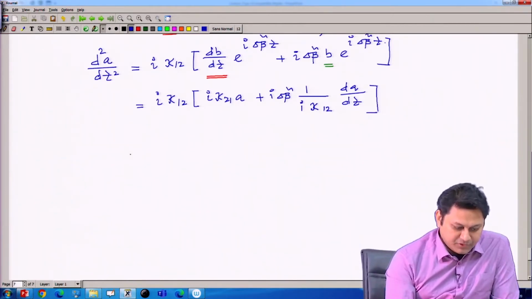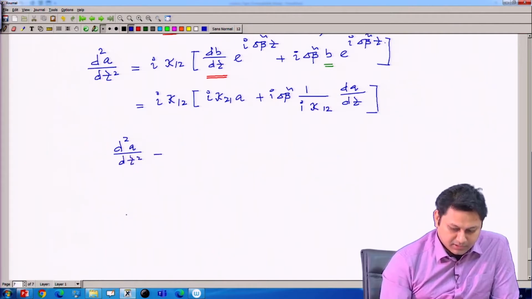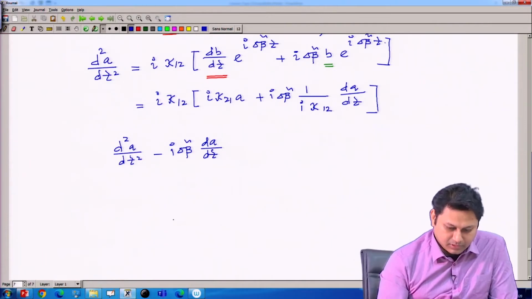So eventually I have d2A dz square minus i delta beta tilde dA dz plus kappa square A equal to 0.